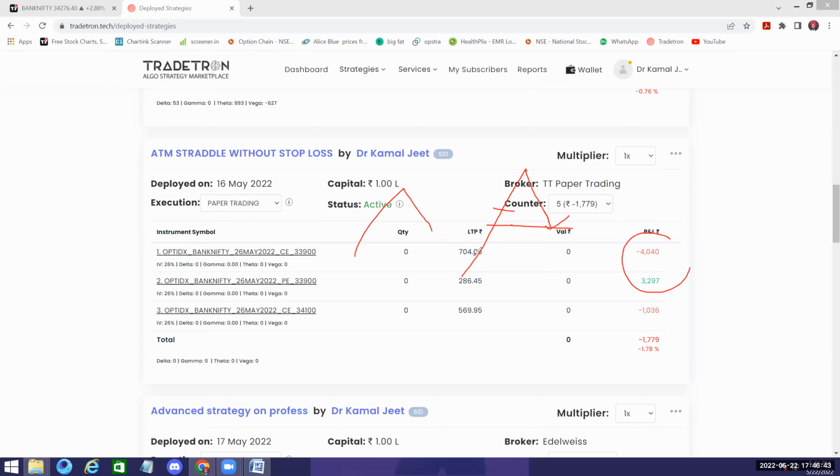If the market goes up in one direction, I will always remain in profit. If it reverses and comes to a specific point and then again goes up, then I'm definitely at a loss, because the repair condition will be exited out here and it will only get activated at this point.